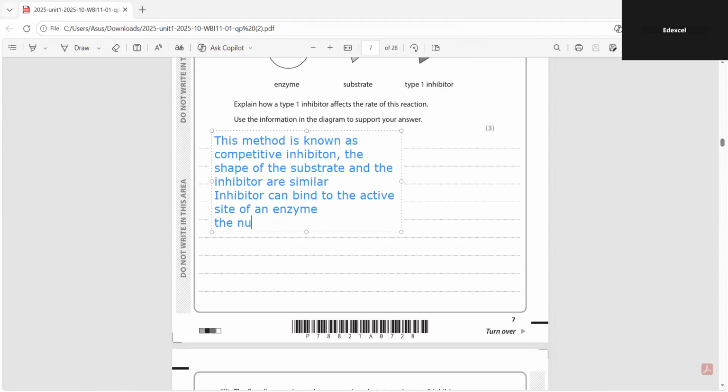So the number of active sites available for the substrate will decline. And finally, what will happen is that the rate of reaction will decline.